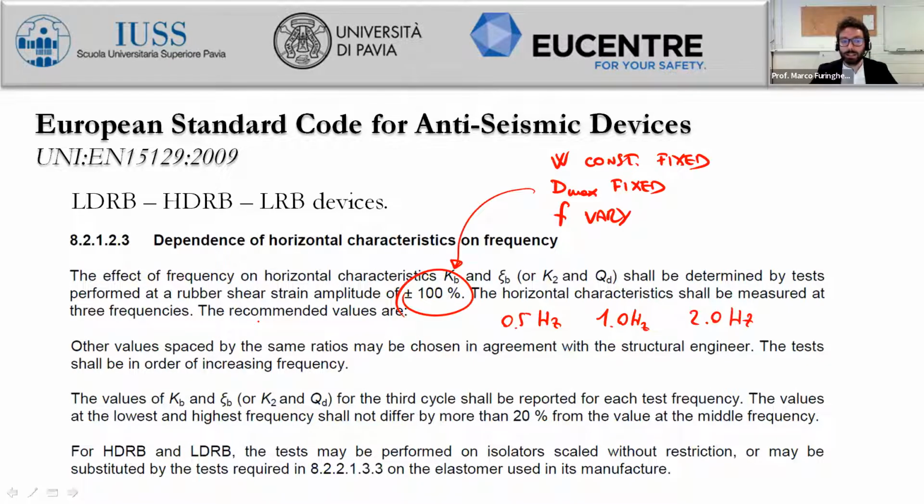This is what has been called within the testing protocol the frequency dependence test.